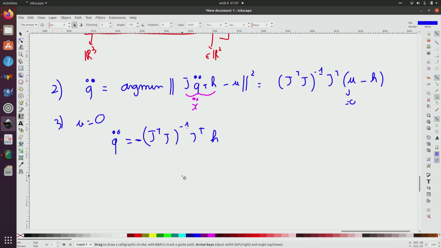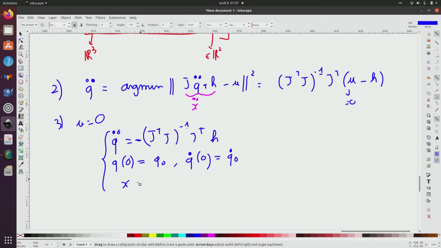In this case, I also have Q of 0, which is asked to be equal to Q of 0, and I also have a condition on the derivative, which is equal to Q dot of 0.